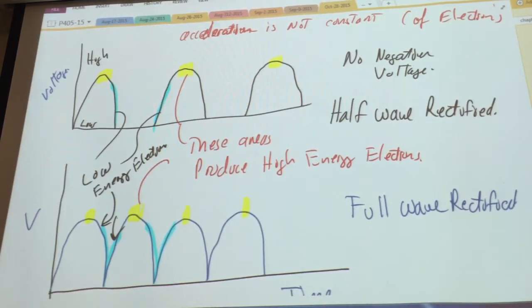The patient gets more dose. And so it's no good. So our goal is to eliminate the low energy photons. To do that, we have to eliminate the low energy electrons. And both of these have lots of low energy electrons. That's the major problem with these two simple solutions.